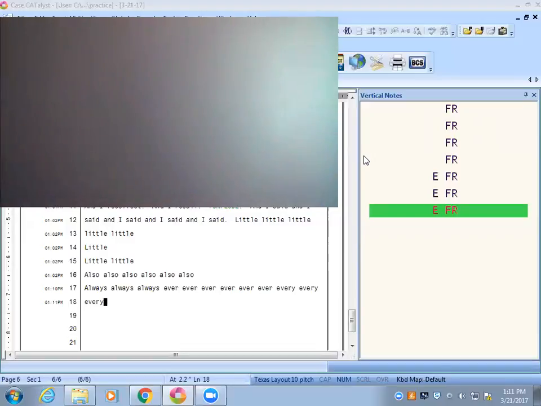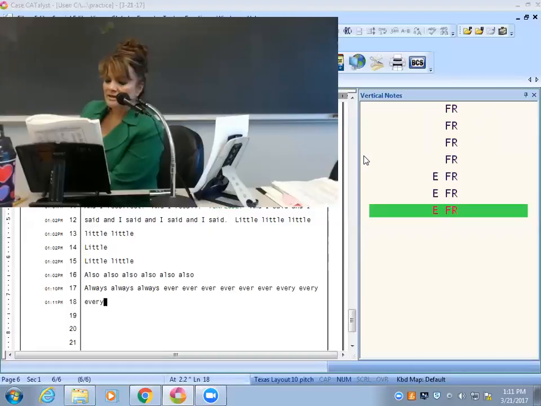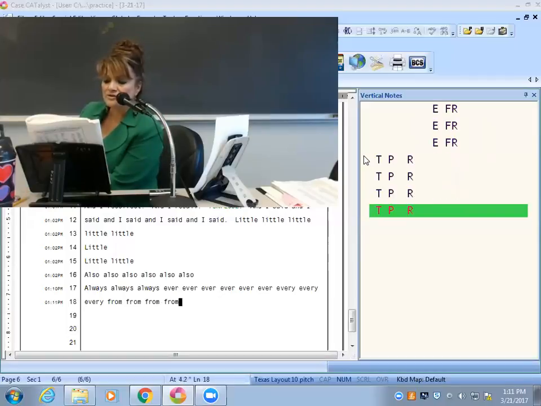And then, let me see, for and from. From is FR, because it's going to start with an FR. And for has a space with the O, so you act like maybe an initial F, final R, because there's an O in between.